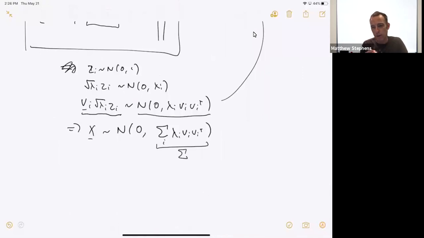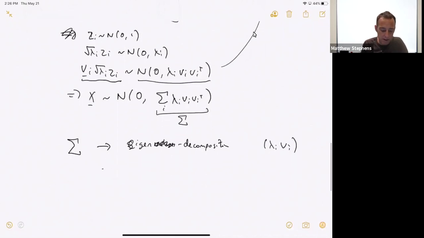So what's the point of all this? If I give you a covariance matrix sigma, and I ask you to randomly draw a multivariate normal with that covariance matrix, you can do that in two steps. First, take the eigen decomposition to get the lambda i's and the vi's.